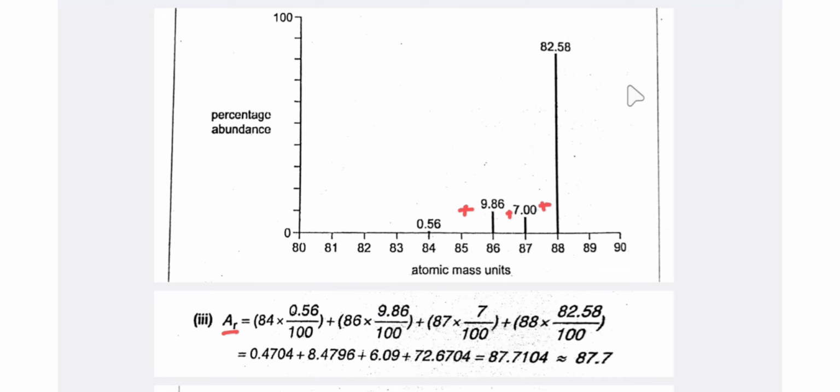After calculating, we get 100%. Then 84 into 0.56 by 100 plus 86 into 9.86 by 100 plus 87 into 7 by 100 plus 88 into 82.58 by 100. After calculating, we get 87.7 as the relative atomic mass.